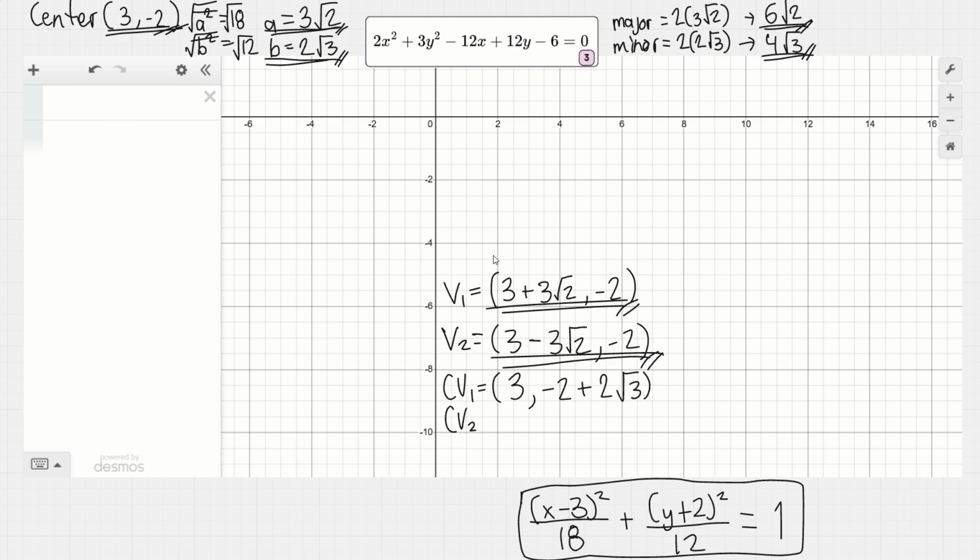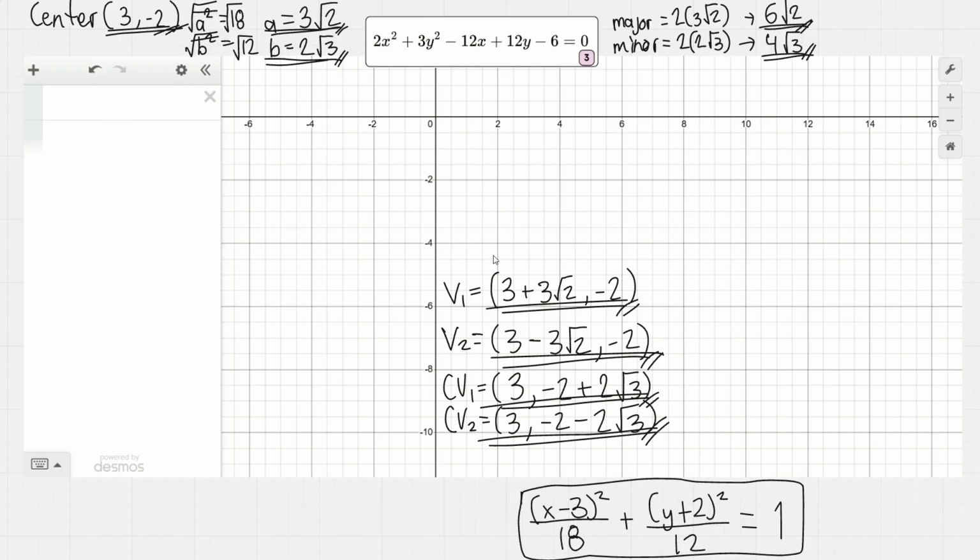On our co-vertex 2, 3, comma, negative 2 minus 2 square root of 3. So these are our co-vertices.